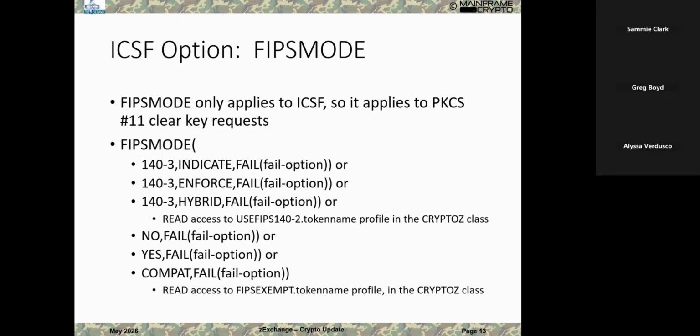Hybrid says, yeah, there's some specific applications that need to use FIPS 140-2, and we're going to create another profile in the CryptoZ class that starts with use FIPS 140-2. If you have read access there, you're specifically allowed to use FIPS 140-2 approved algorithms. So that's all very confusing.